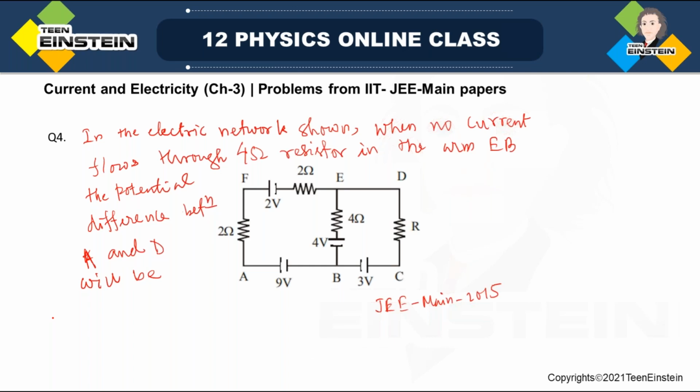The options are: option A is 6 volt, option B is 3 volt, option C is 5 volt, and option D says 4 volt. So this is the question.